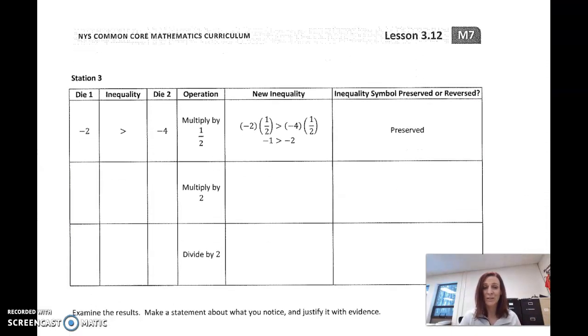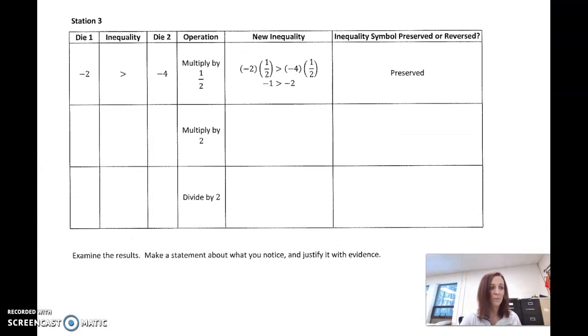So flipping it over to the next page, we're at station 3. And in station 3, we're going to be multiplying and dividing. Okay, so -2 is greater than -4. It's further to the right on the number line. Now we want to multiply by a half.